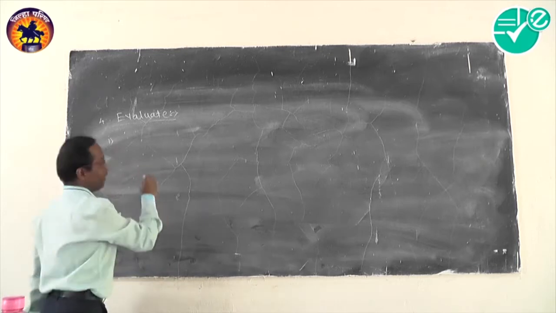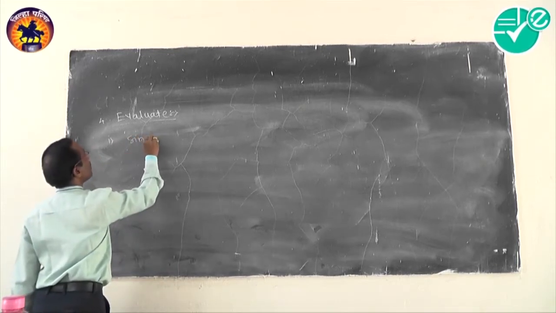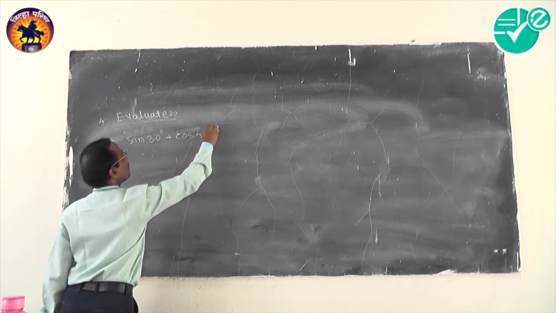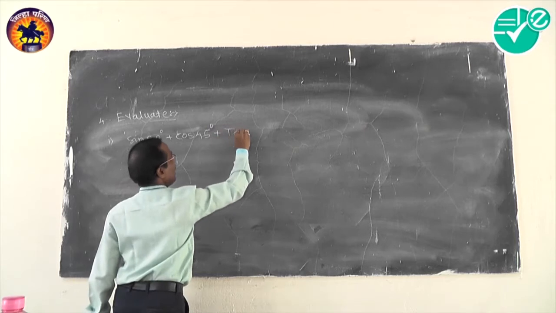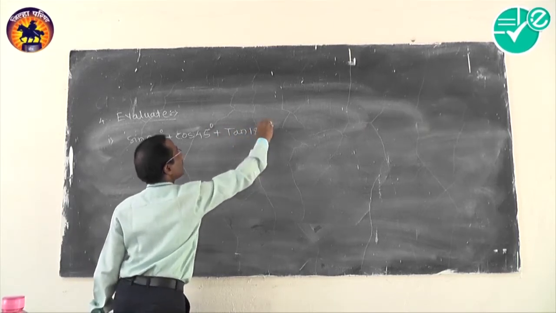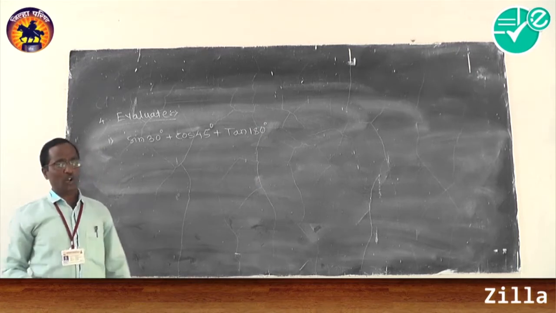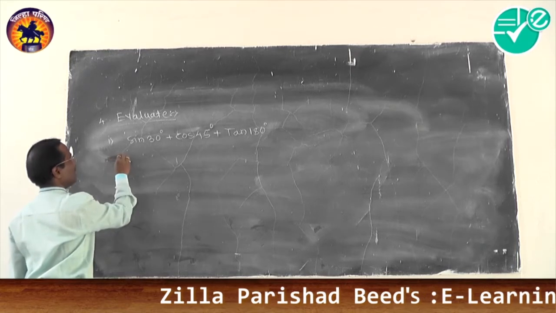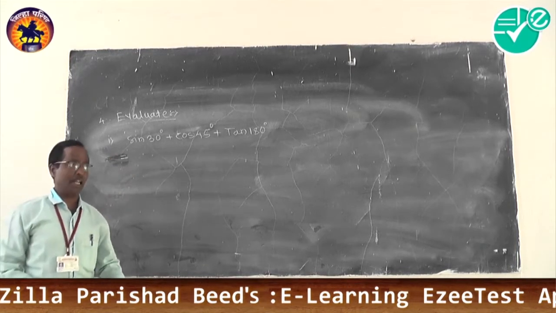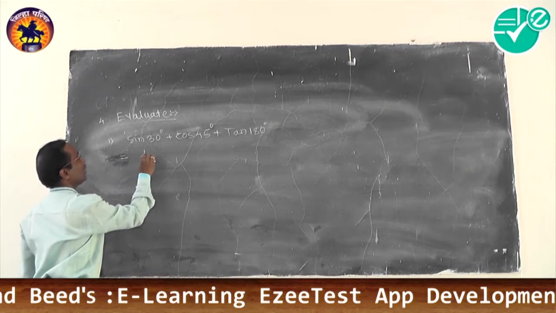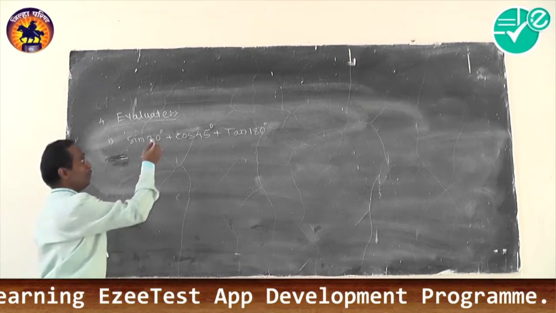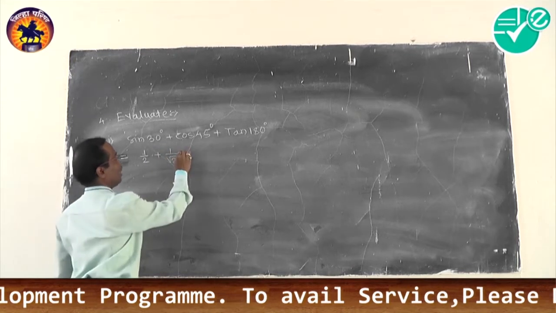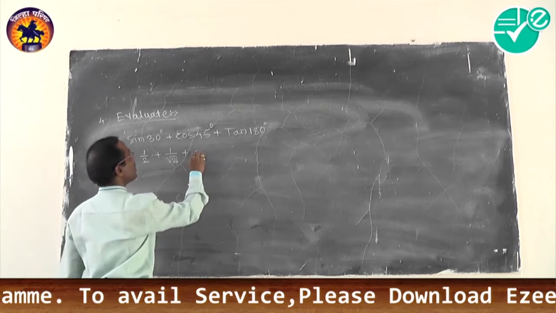Evaluate sin 30 degree plus cos 45 degree plus tan 180 degree. Now we want to find the value of this trigonometric expression. So how can we find it? We know the value of sin 30 degree is 1 by 2, the value of cos 45 degree is 1 by root 2, and the value of tan 180 degree is 0.